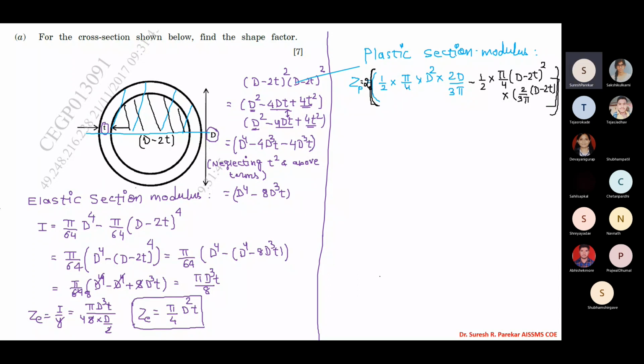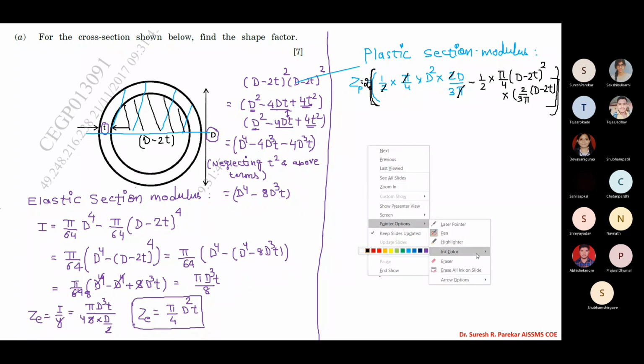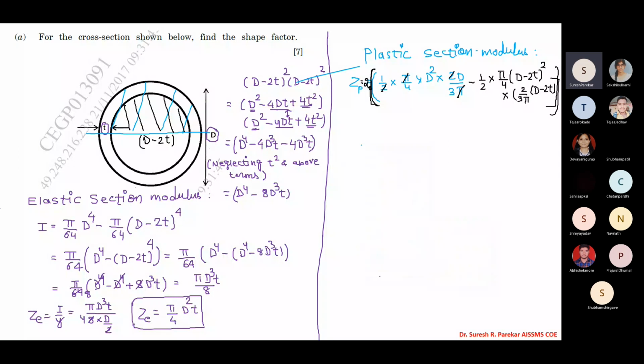And then whatever terms cancel, we will cancel it, pi gets cancelled. And we have this is equal to 2 times d cube by 12 minus, here also these 2 get cancelled, pi gets cancelled. So we have d minus 2t cube by 12.